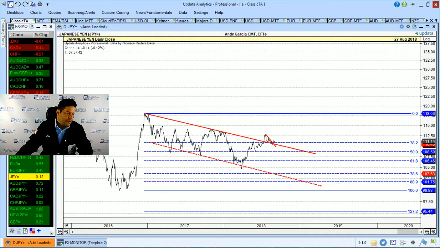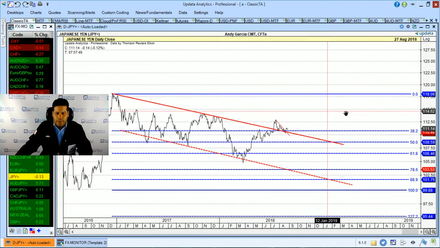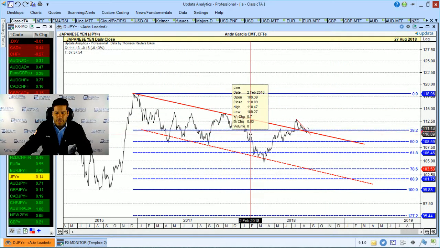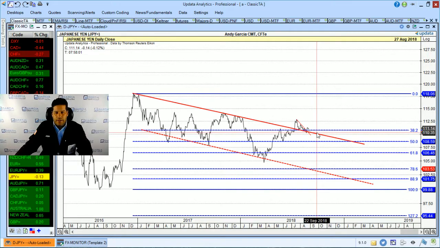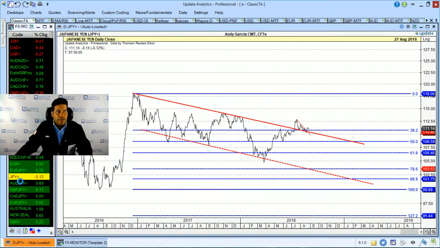You want to be able to spread your trades across multiple markets, because this market looks like it's in a consolidation phase going back to 2017, and it could very likely even push down below this higher trend line here. But in fact, right now you're looking at a fresh setup to the upside.